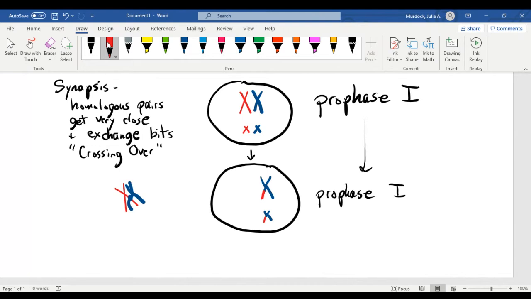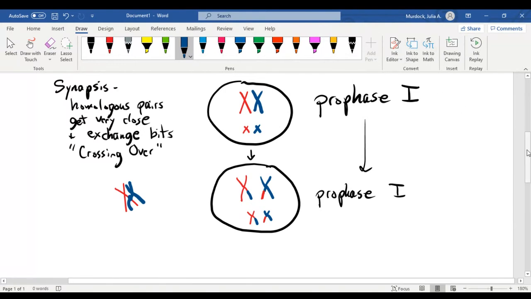It can be a lot more complicated than that, but I'm just trying to make it simple so that you can see the final mix. See, those two bits got exchanged on both of them, right?